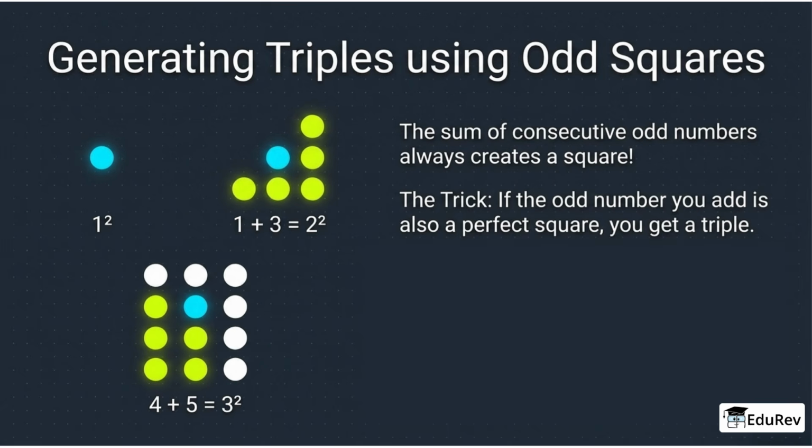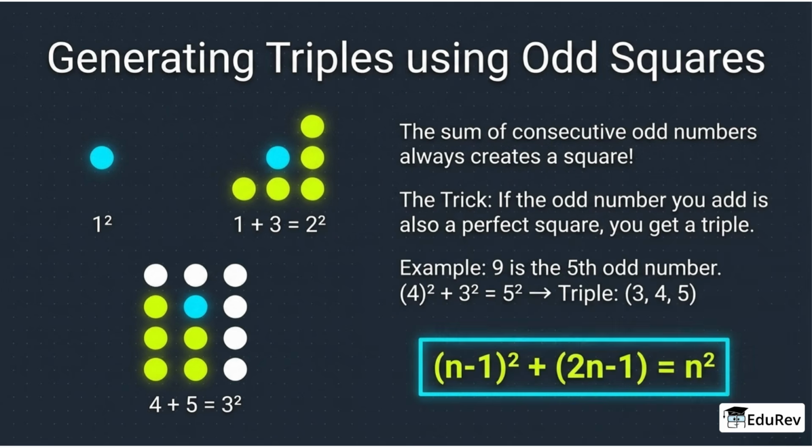The trick is this. If the odd number you add is itself a perfect square, you automatically generate a triple. For instance, 9 is the fifth odd number. Because 9 is a perfect square, we get the equation 4 squared plus 3 squared equals 5 squared, giving us the classic 3, 4, 5 triple.